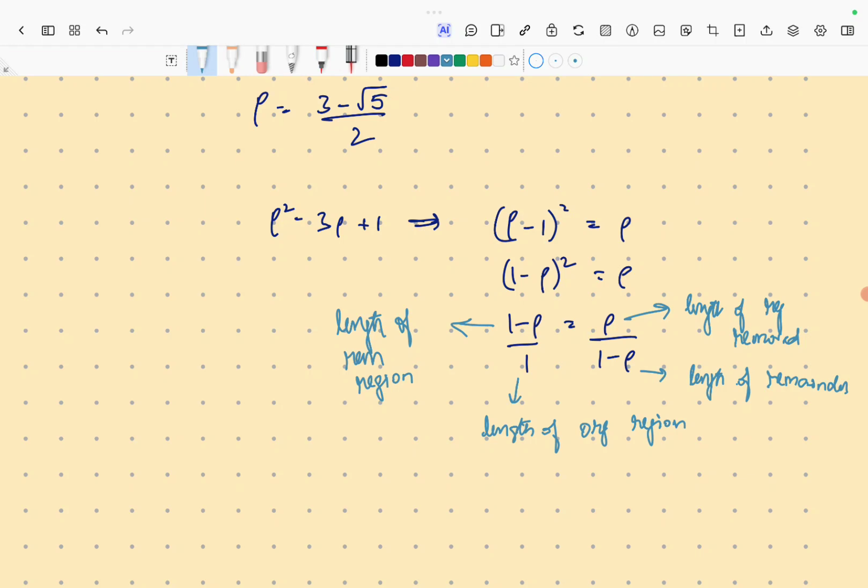So that's another way of looking at the golden ratio.